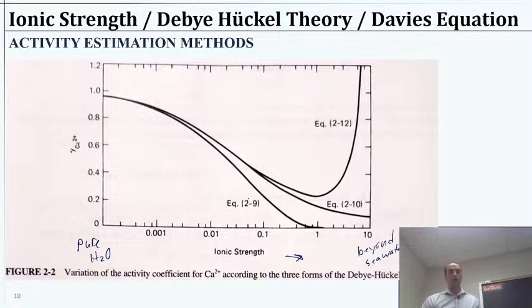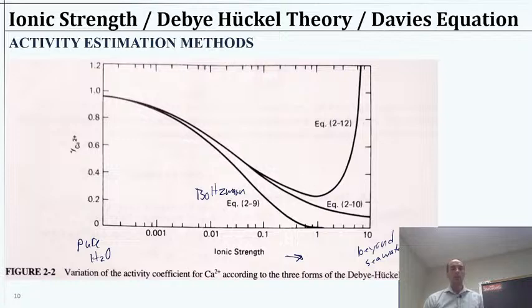I think that's the simplest version. I didn't leave the labels, but I think this should be the Boltzmann one. It goes to basically 0 at some point, which is probably not realistic. It's probably still some activity. So the equation itself kind of fails us once we get up to high ionic strength.